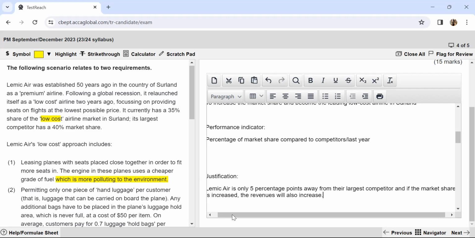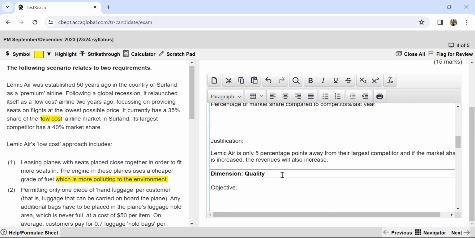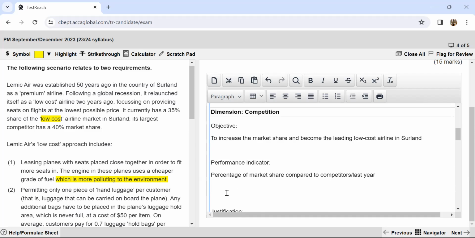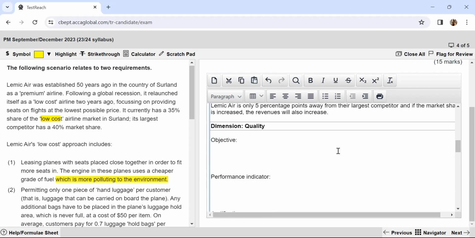If more people are coming in the airlines, we can also charge them for the extras that they take, and this can improve our revenue as well. So this way we are also done with the dimension of competition.